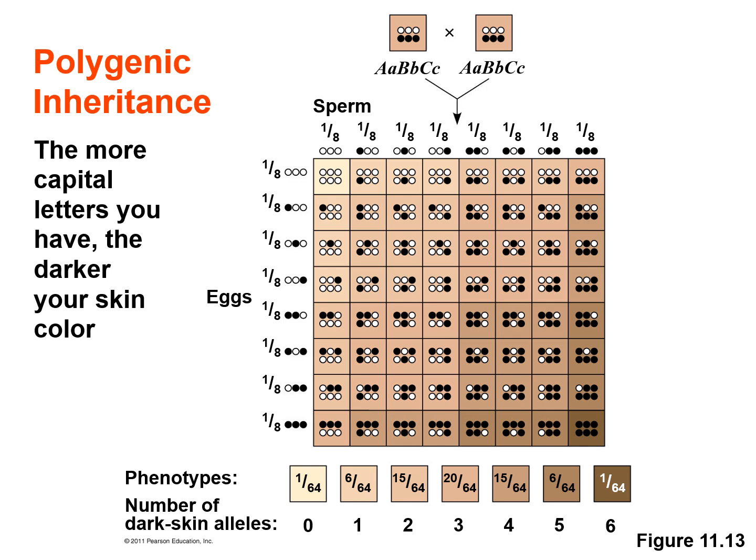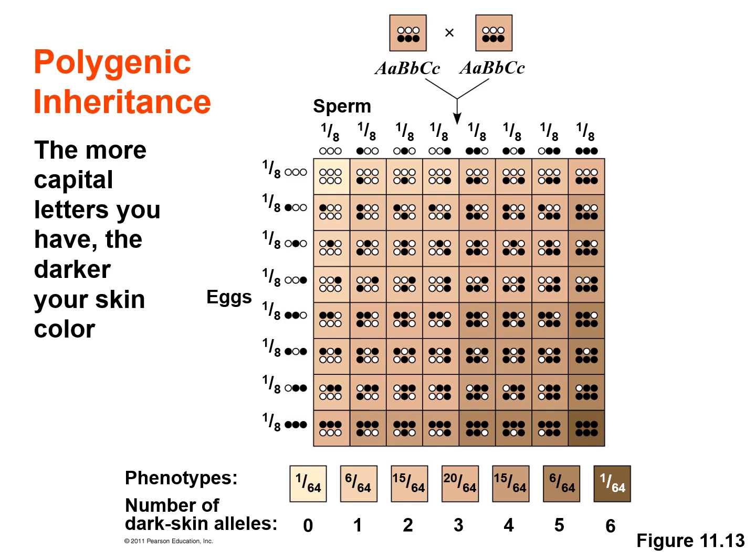And we've got our A, B, and C genes. And the capital letters mean you're going to have darker skin, and the lowercase letter means you're going to have lighter skin. And so with 3 genes, we've got this giant Punnett square with 64 possible offspring.